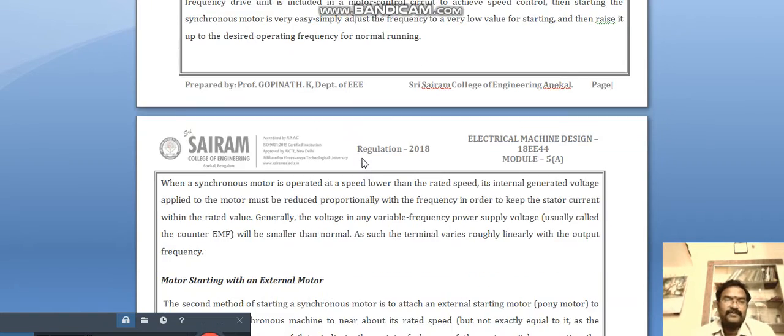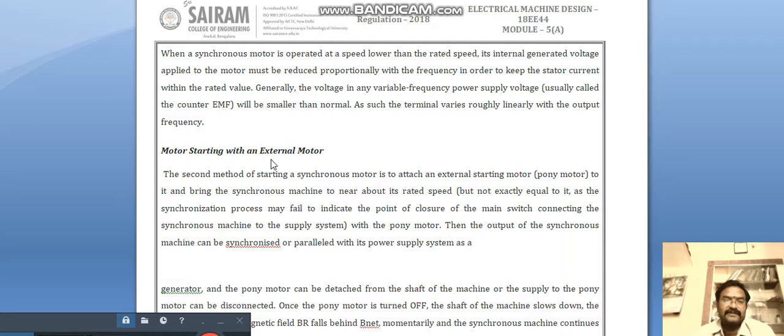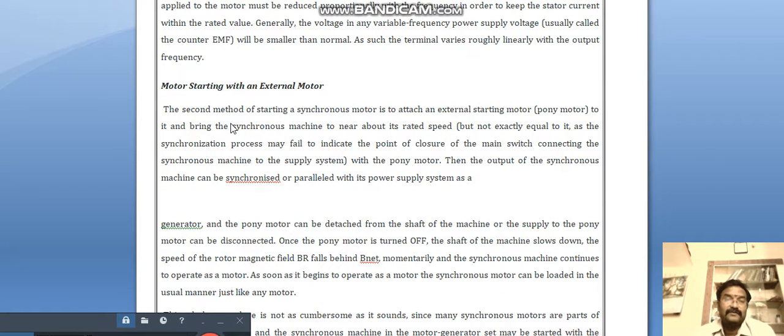The second one is starting with an external motor. Here, because the stator as well as the rotor have the same magnetic field, the shaft of the rotor will be connected to an external motor, so it rotates up to synchronous speed. Then we give supply to the stator.